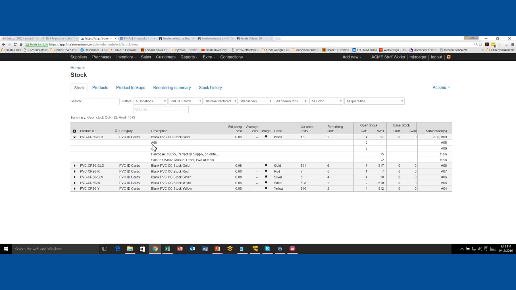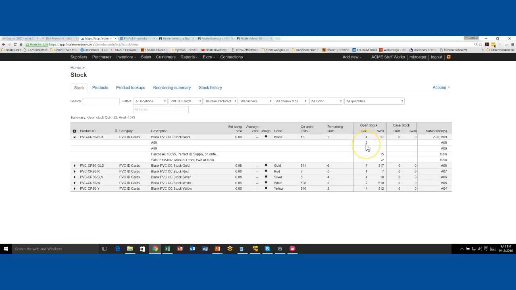So when we go do the cycle count, we would be scanning A05 as a sub-location. Then we would be scanning the black PVC cards that we find in that location. So we should only find 2.